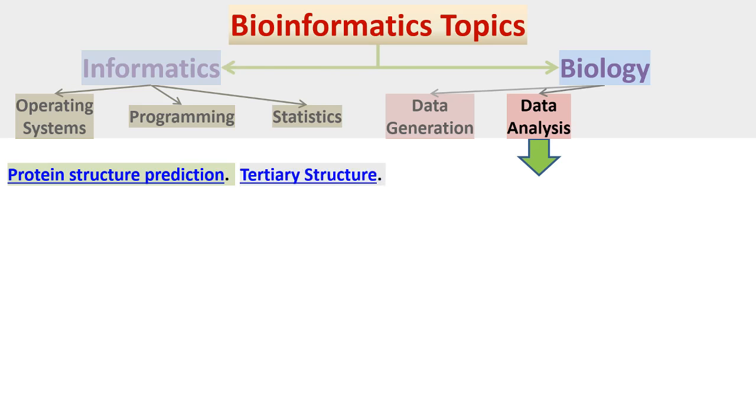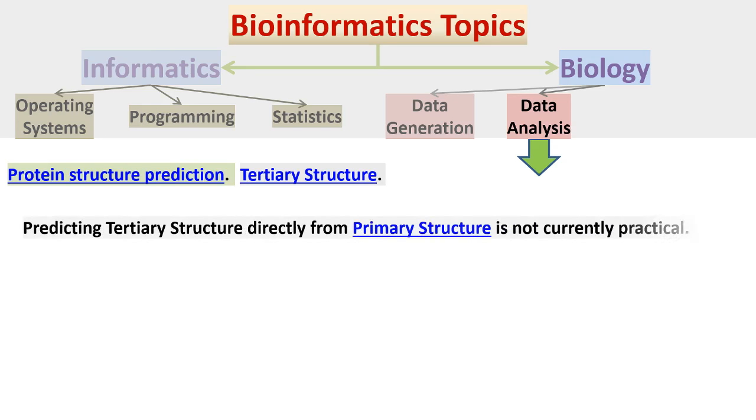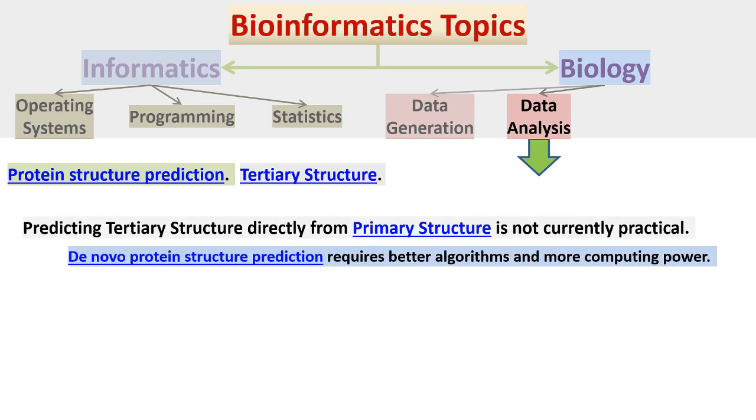Predicting tertiary structure protein is rather more difficult to achieve. De novo protein structure prediction is the prediction of tertiary structure directly from primary structure, that is, protein sequence. This is the only option where no homologous proteins of known structure are available for use as a template.